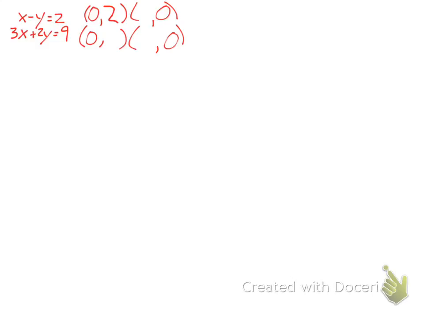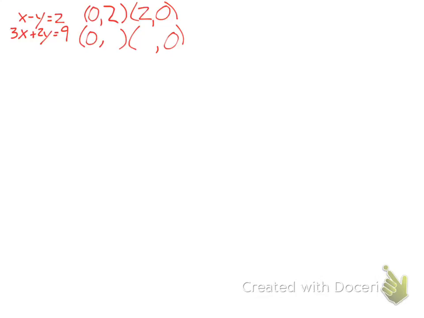I can make y disappear, so x equals 2. And so I have now found the x and y intercept of the first line. Remember, when you're plugging zeros in, it makes them disappear. You guys remember this?